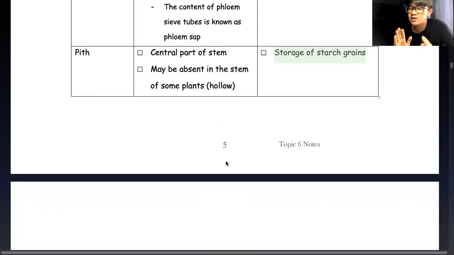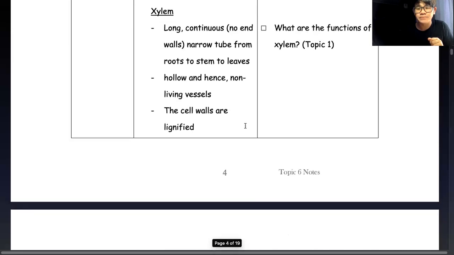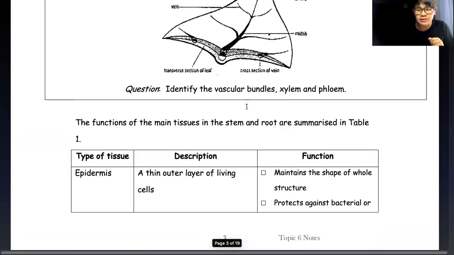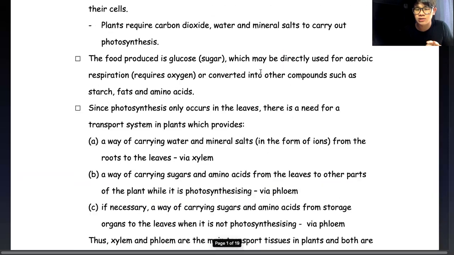So for today, I'm just introducing you dulu. So if you just recall back, because I'm not gonna go through a lot today.